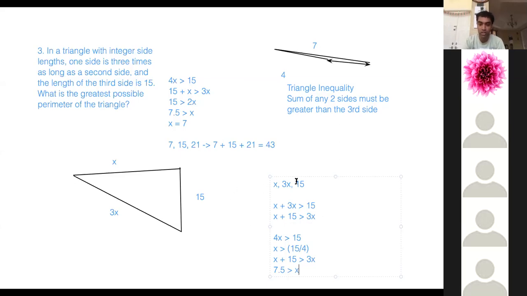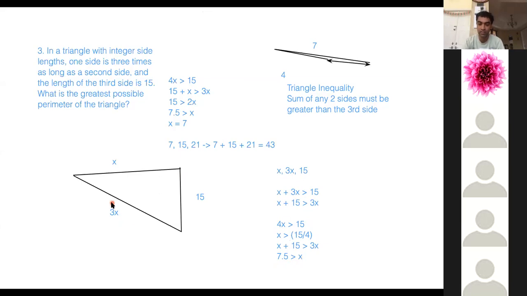So from this, we can see that the largest value of x would be 7, because it has to be an integer side length. Otherwise, if it didn't need to be an integer, you can imagine this being 7.49999, and you could fit that in as well. Because it has to be an integer, we can take x to be 7, and 3x would be 21.